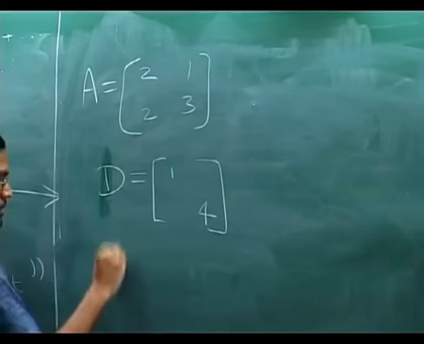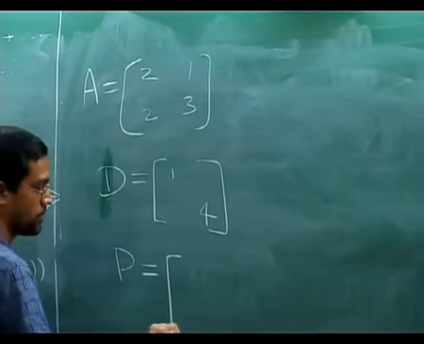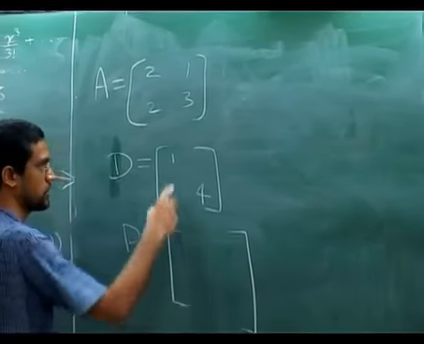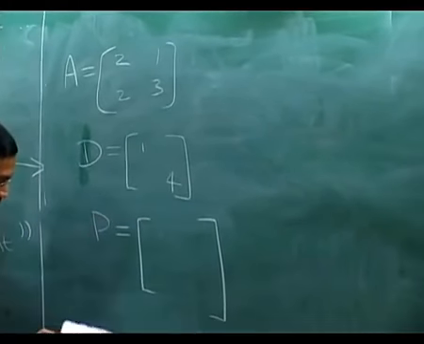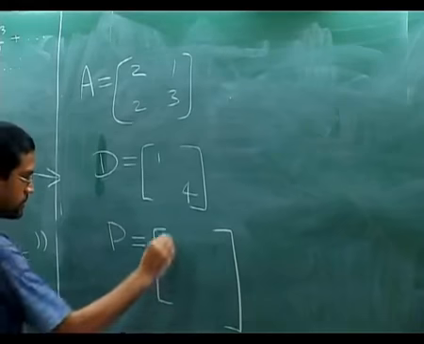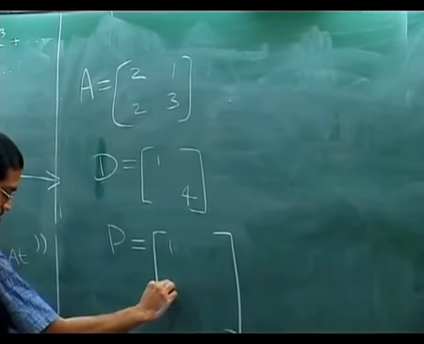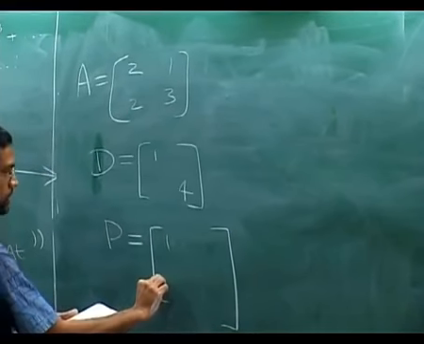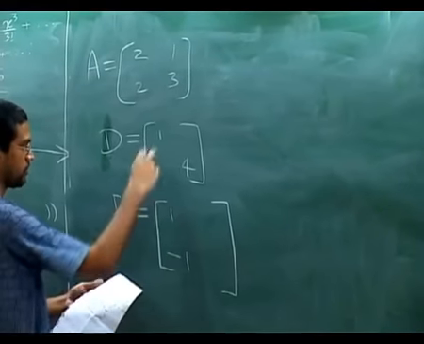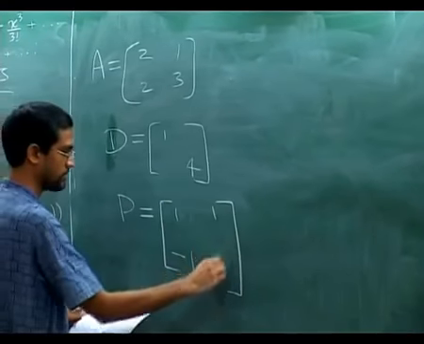Let me write those as a column matrix, as a 2 cross 2 matrix. For 1, the eigenvector we found was 1 comma minus 1, that was the eigenvector for 1, and 1 2 was the eigenvector for 4.